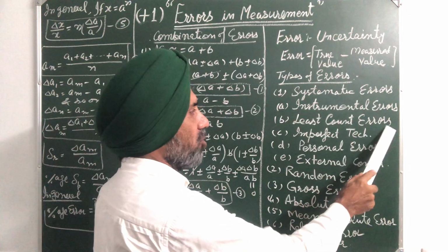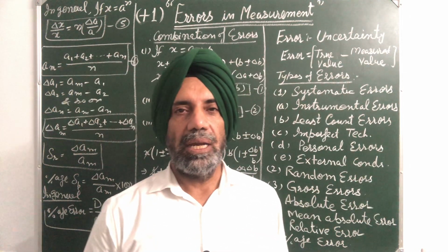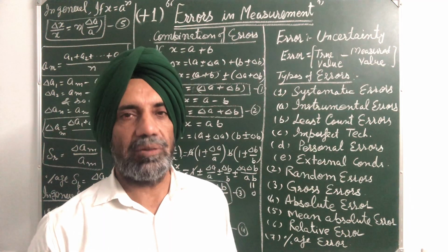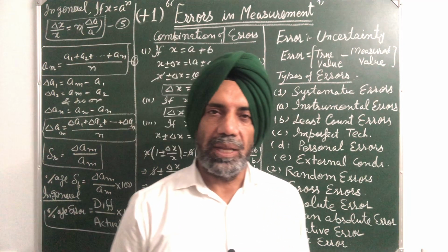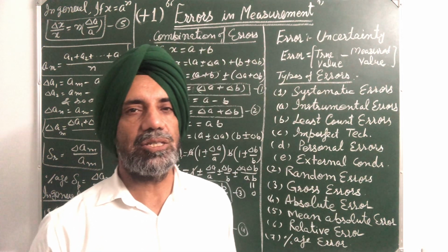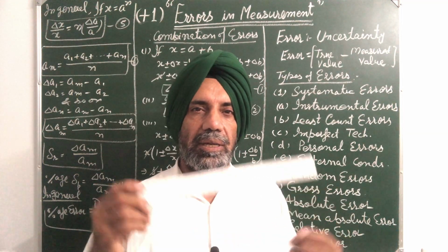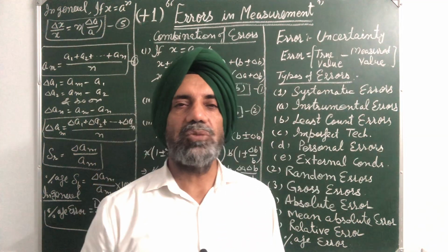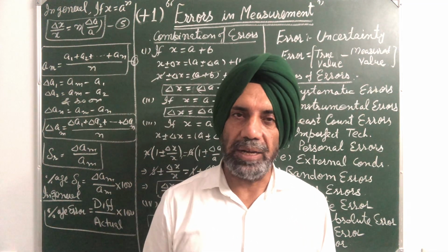Next is least count errors. Such errors arise due to definite value of the least count of the instrument. Now what is least count? Least count is the minimum reading that can be taken with the instrument. For example, least count of this meter scale is 1 mm or 0.1 centimeter.